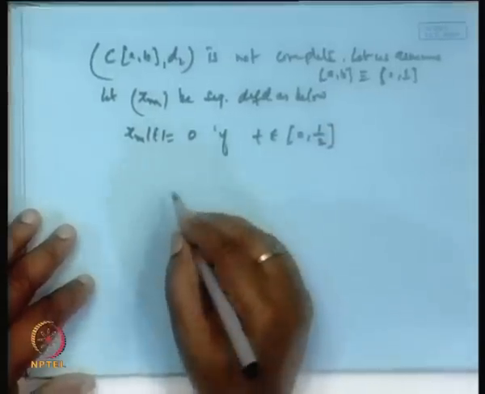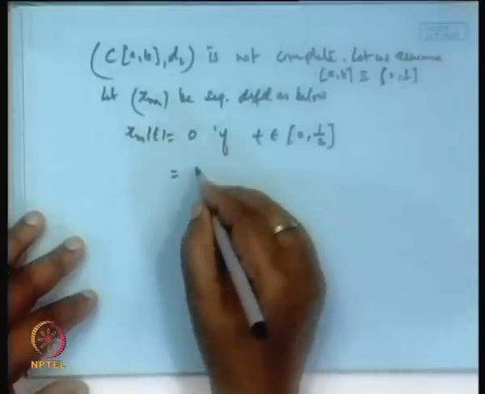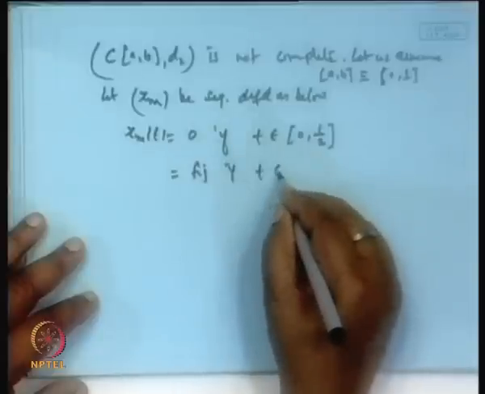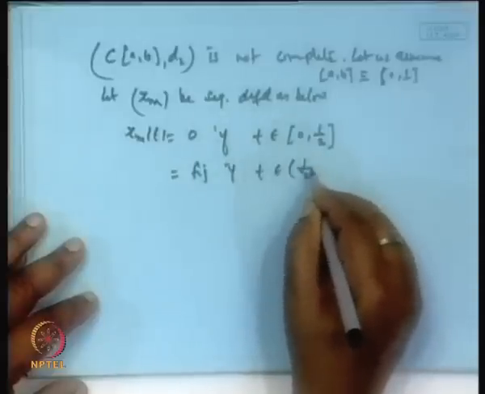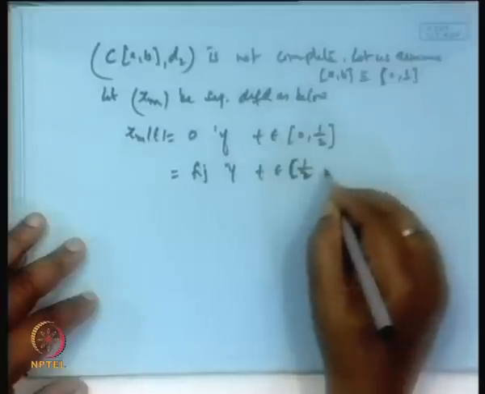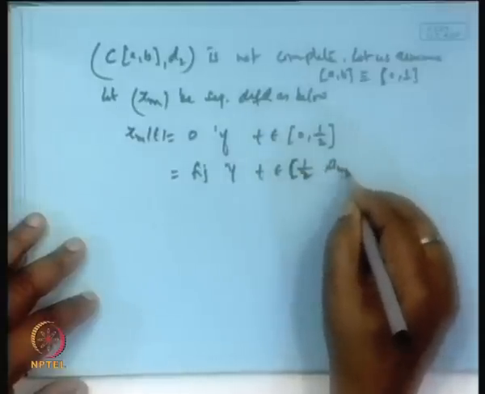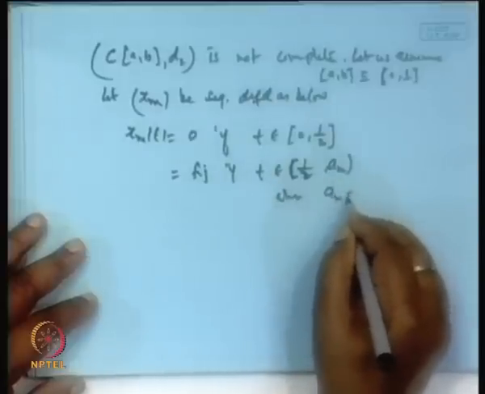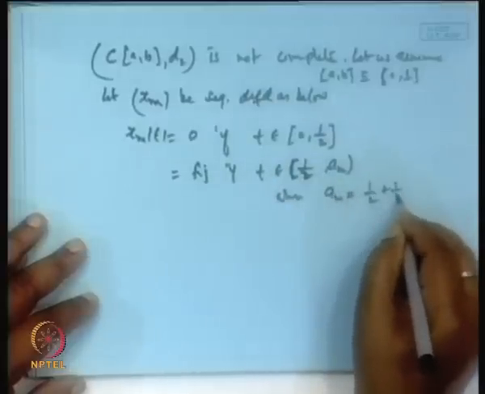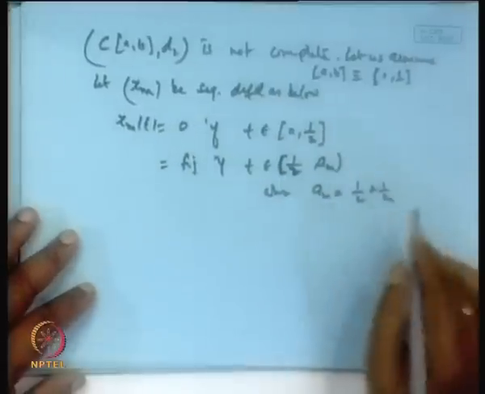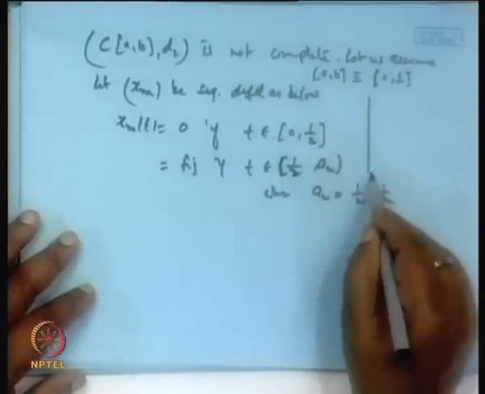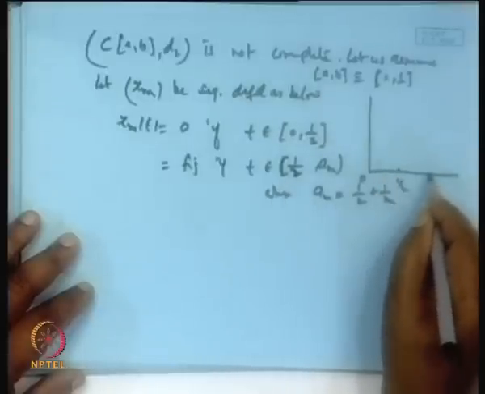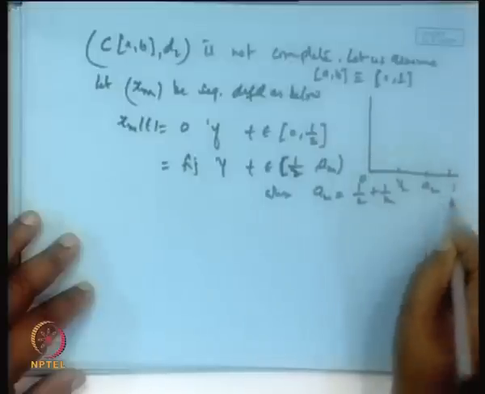And equal to, as in the figure, if t belongs to [1/2, a_m], where a_m is equal to 1/2 plus 1/m. This in the figure is like this: suppose this is 0, this is 1/2, this is a_m, this one is 1.